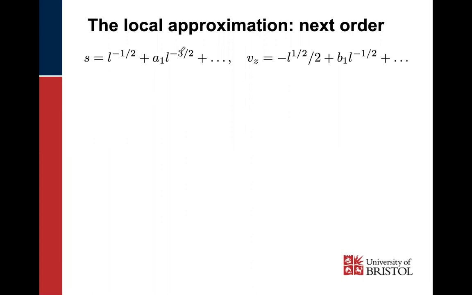So the first thing is I just pursue the expansion in the logarithmic slope to next order. So this is the leading order result, and now comes the next result, and I do that for the z component of the velocity and also for the r component of the velocity, where it will turn out that these coefficients actually are logarithmically dependent on L. So we have logs of logs.